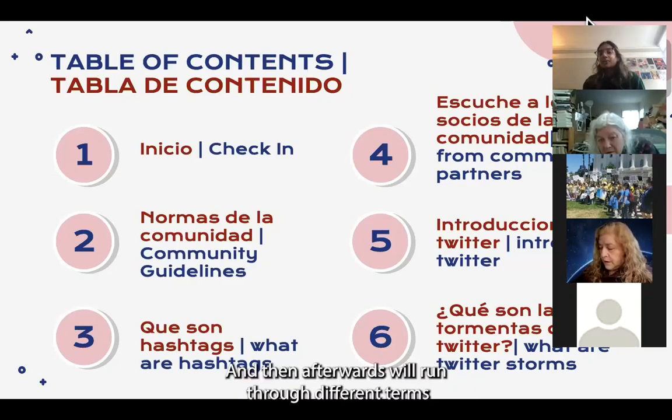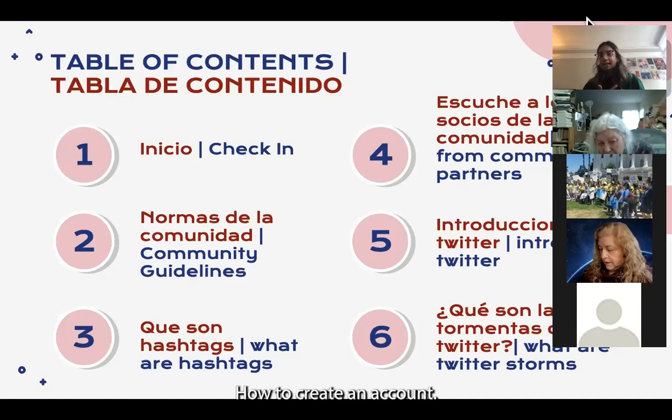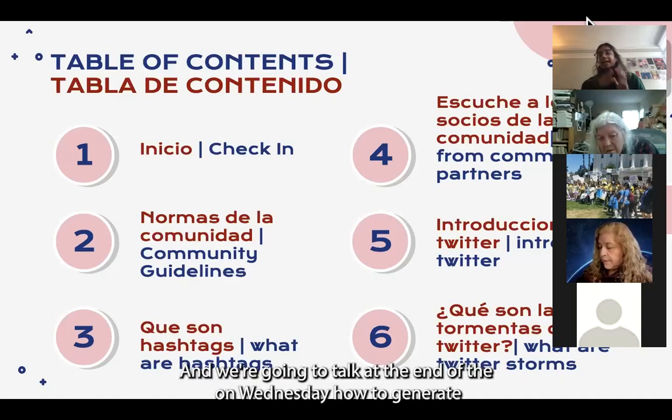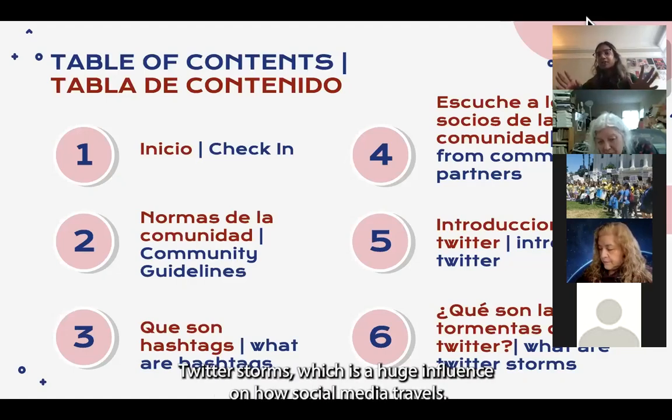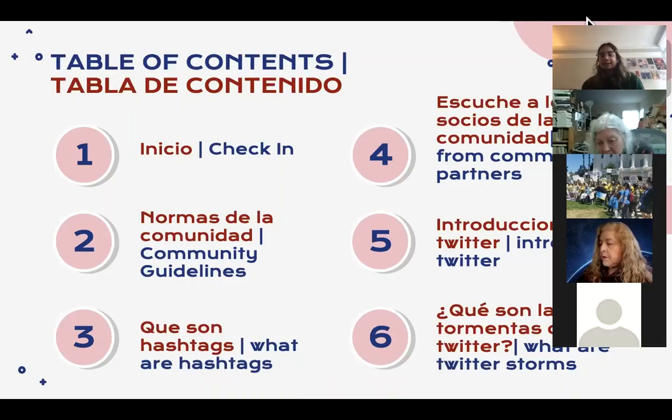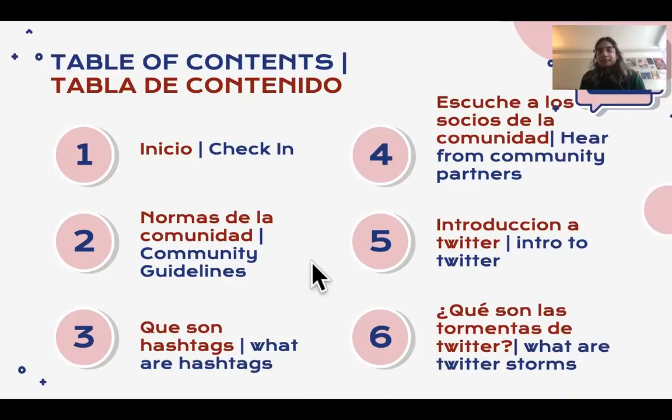Afterwards, we'll run through different terms that you should be familiar with on Twitter, how to create an account, and how to create a tweet. And at the end on Wednesday, we're going to talk about how to generate Twitter storms, which have a huge influence on how social media travels.